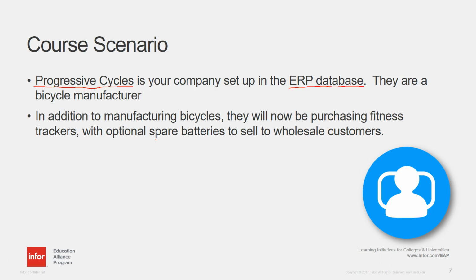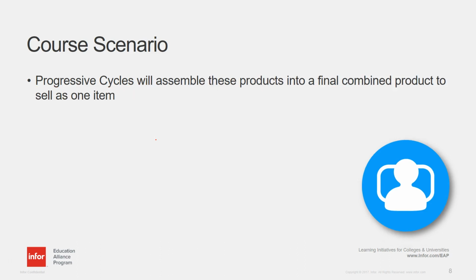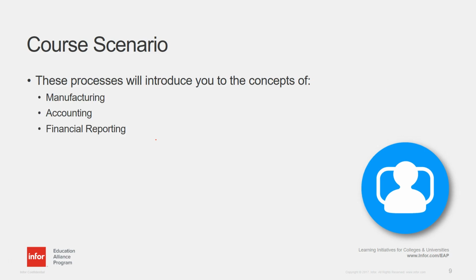So not only will they provide bicycles, but now they will provide fitness trackers and batteries. In our demand to build business processes, we will assemble products into a final combined product and sell it as a unit. You'll see that when we get to lesson 4, I believe.